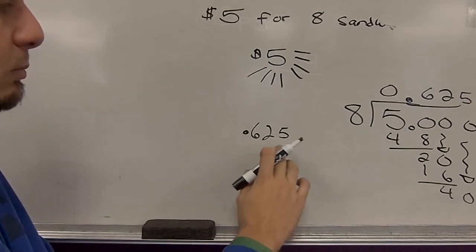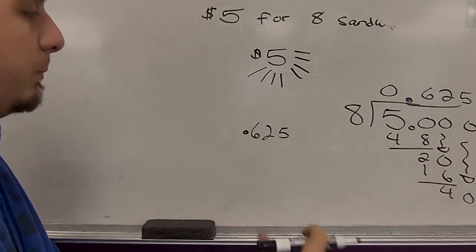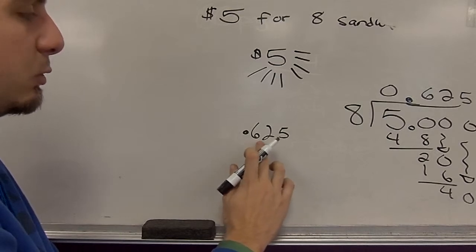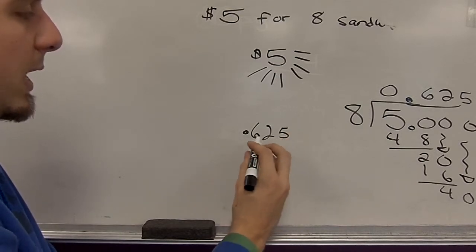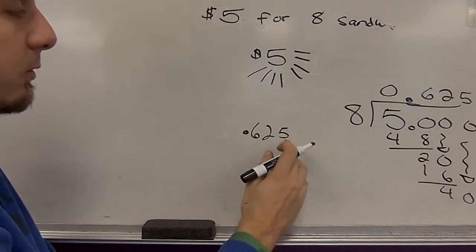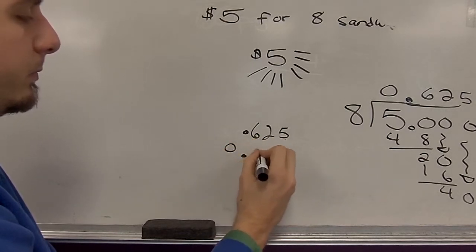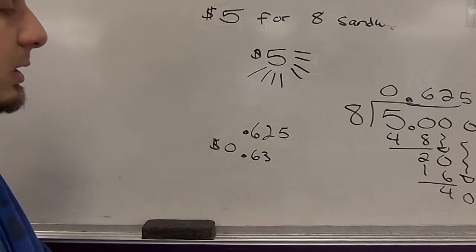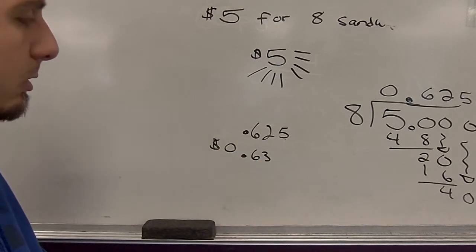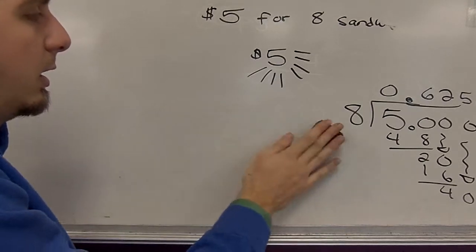Cents never goes more than 2 places over. So what I did was I rounded, since the 5 is 5 or above, we round the 2 to a 3, and we get 63 cents per sandwich. Okay, so less than $1 per sandwich.